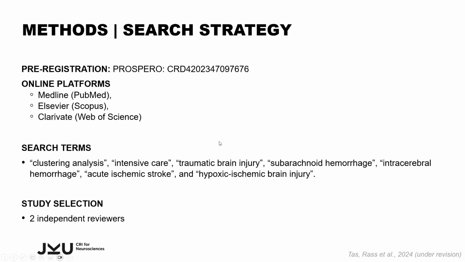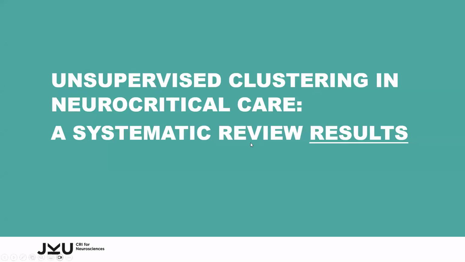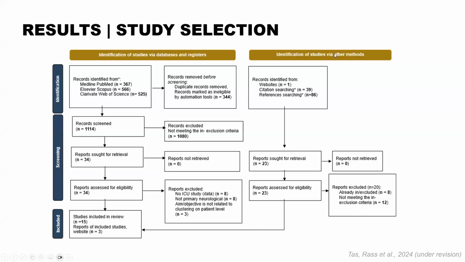So our study was pre-registered and we searched 3 platforms. We used the following search terms, and Verena and I both screened the studies, and one reviewer extracted the study results. So this is our study selection flowchart.